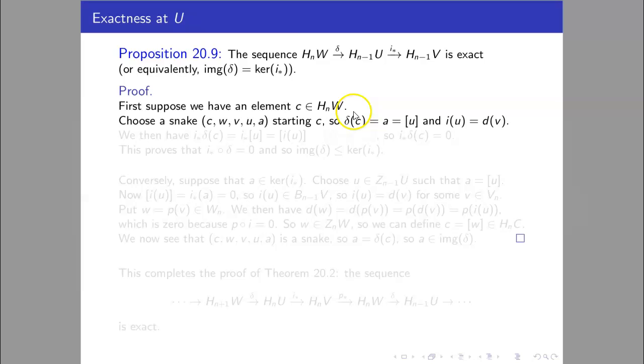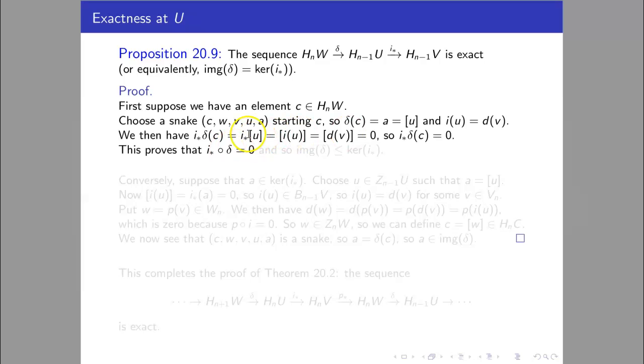So that tells us what delta C is, and we want to know what I lower star delta C. So I lower star delta C, that's I lower star A, or I lower star of square bracket U. And the general prescription for I lower star, we move the I inside, so that's bracket IU. But then we also have this condition here, IU is DV, so that's bracket DV. And again, square brackets indicates cosets modulo the image of D, so bracket D anything is always just the 0 class. So we found that I star delta C is just 0.